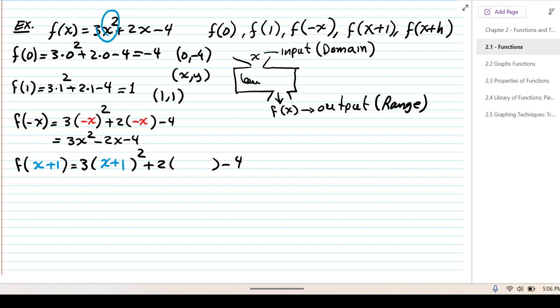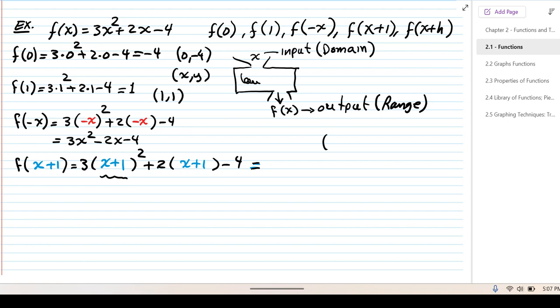See, in here x becomes x plus 1, and in here this x becomes x plus 1. We simply replace with what's inside parentheses. And the next step, we have to carry out the arithmetic, or in this case the algebra, because I don't have just numbers. So we're going to square the binomial here.